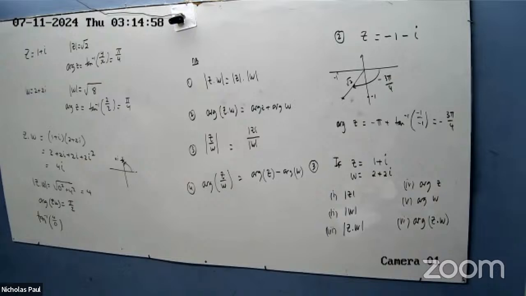But when we do an argument, we have to make sure that the value we get for the argument is within the range. Yeah? I'll give you an example where it's not in the range and I'll show you how to fix it. Copy down. So you can use this rule here now.